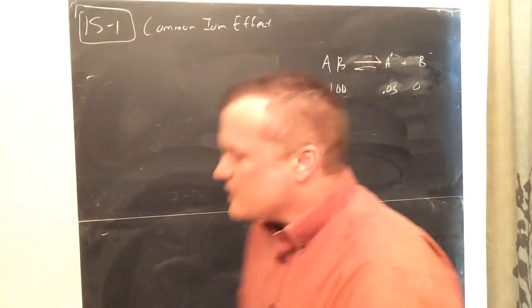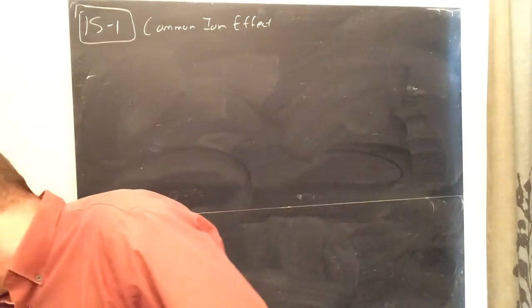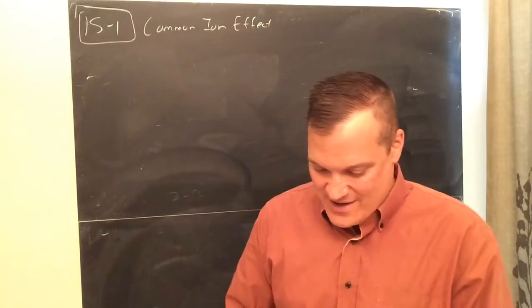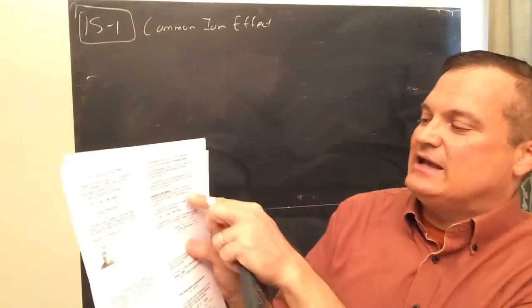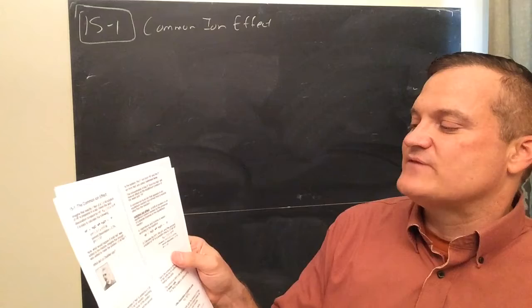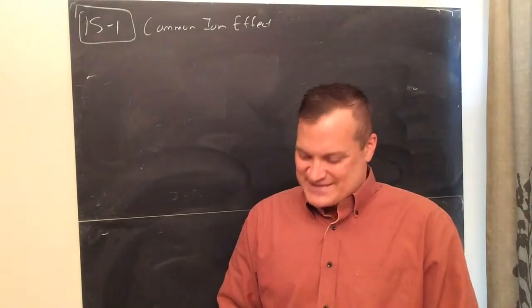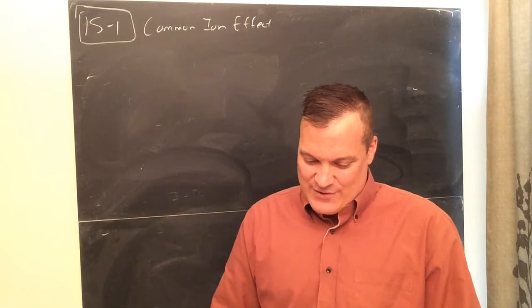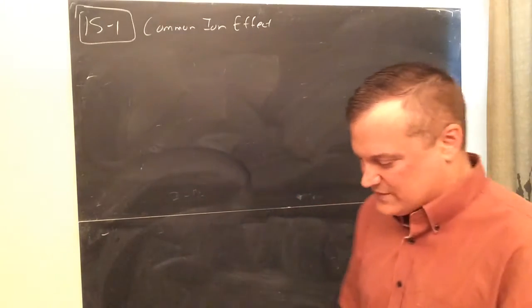how can I recognize a common ion effect? All right, here's the better way. I didn't give you a real definition there, but it says here, common ion effect is a shift in position of an equilibrium system caused by the presence of a species involved in the chemical reaction. Well, that doesn't sound too good either, does it? So I'm going to do a calculation and show it to you.